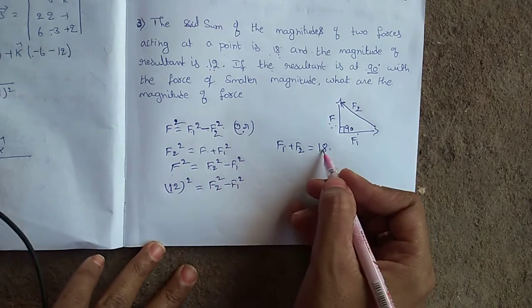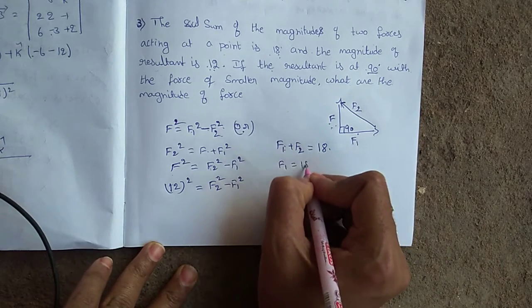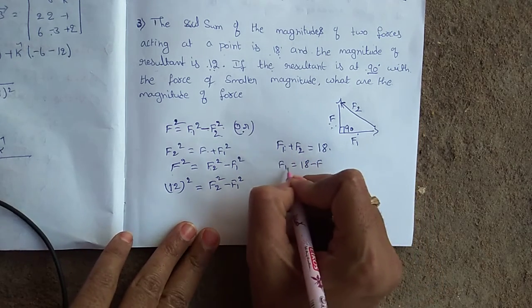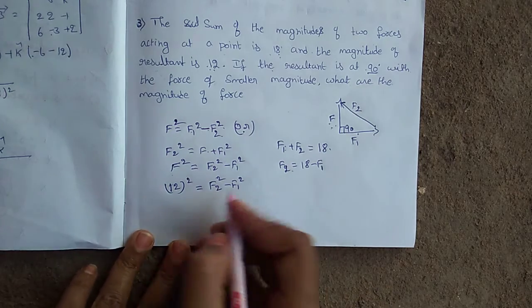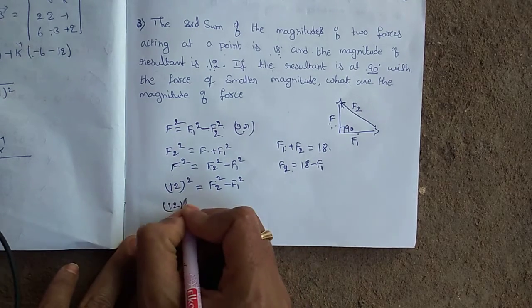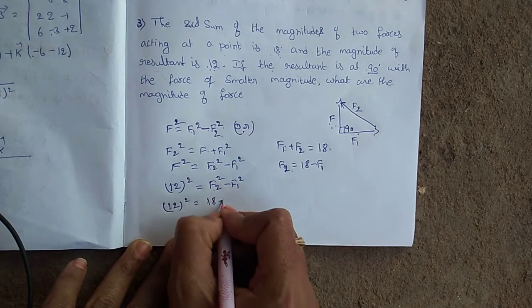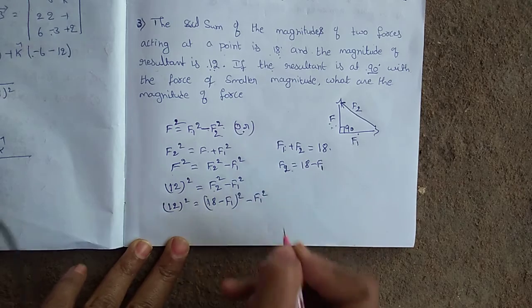I don't know the values of F1 and F2. To find them, make F1 equal to 18 minus F2, or F2 equal to 18 minus F1. Both are the same. Now substitute: 12 square is equal to F2, written as 18 minus F1 whole square, minus F1 square.